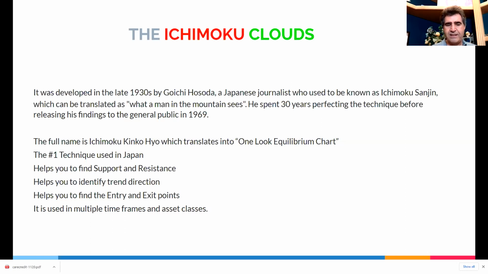It identifies trends. It also shows you the entry points and the exit points. And it also uses multiple time frames. So it's not just good for days, although initially, when Goichi started, its best usage was for daily.